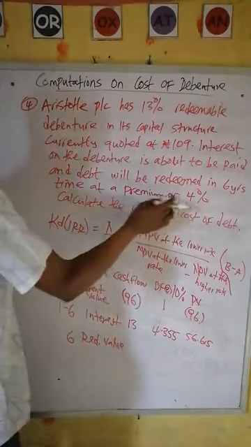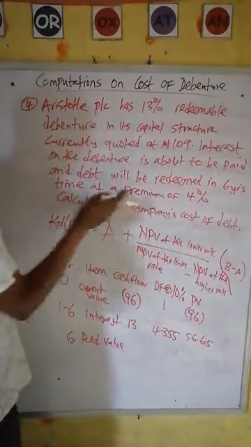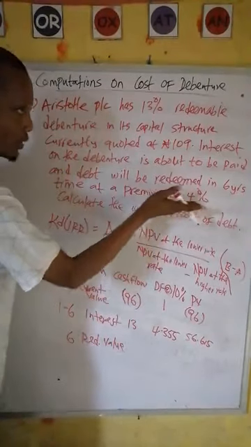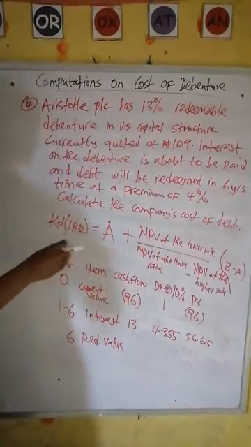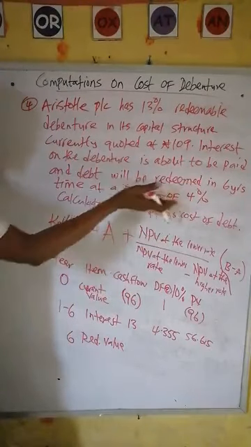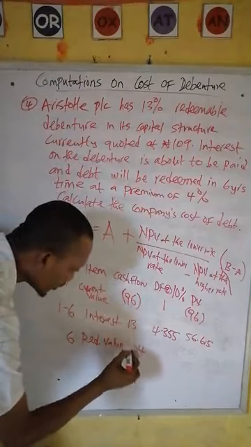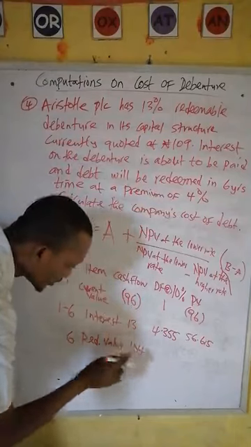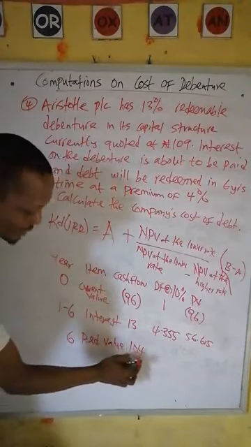It means the market value of the debenture has increased, so they are giving it back to us at a premium of 4%. So you now have 104, which is the nominal value and the 4% premium.